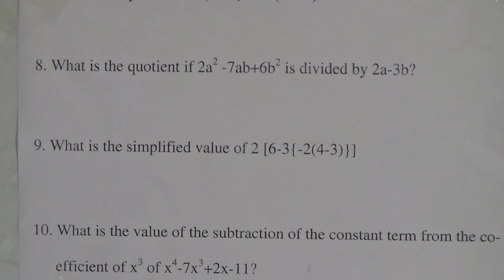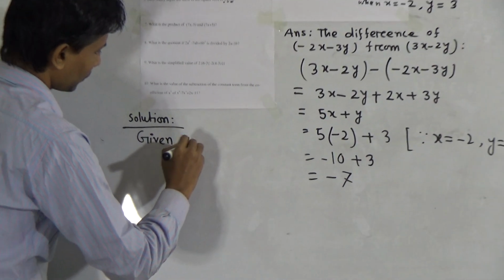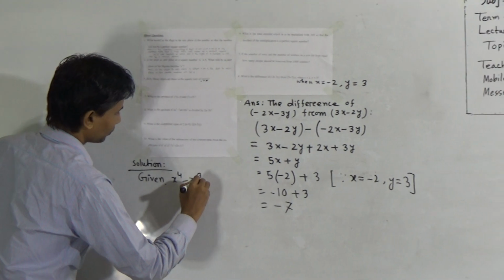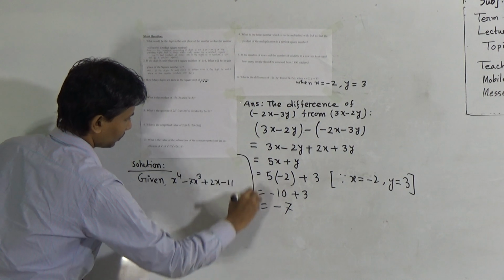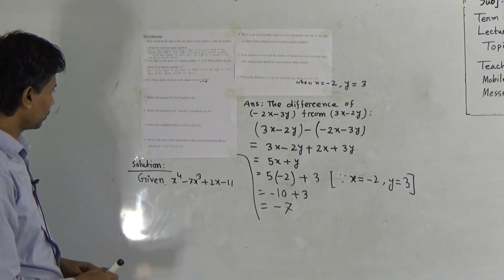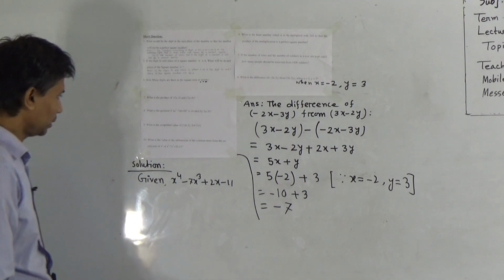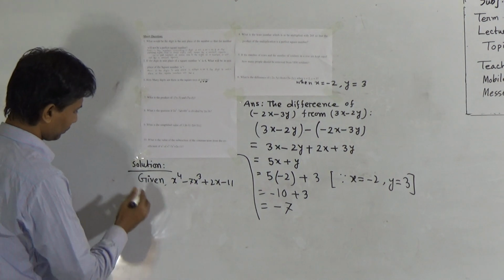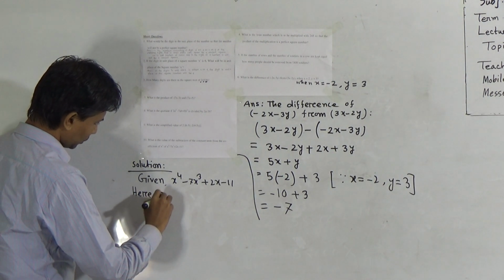Solution. Okay, 10 number question solution. x power 4 minus 7x cube plus 2x minus 11. Now write coefficient of x cube.